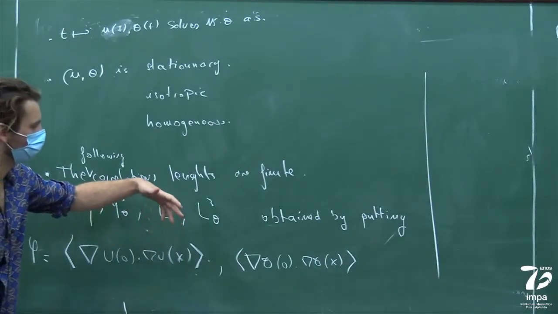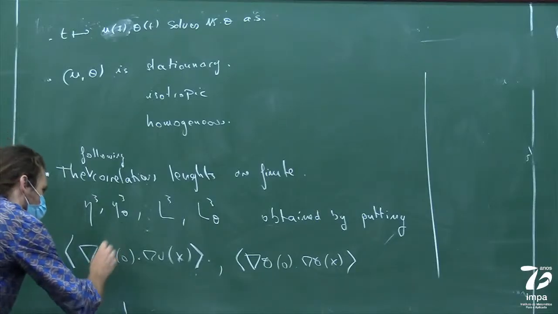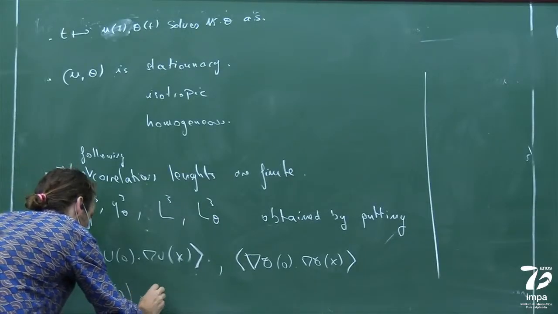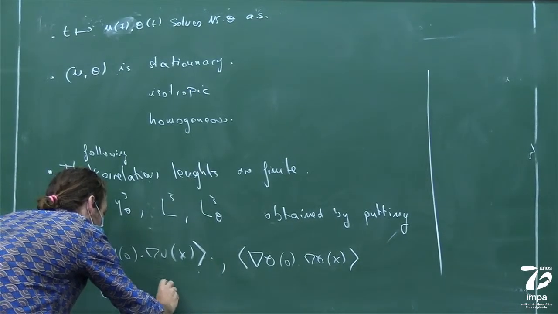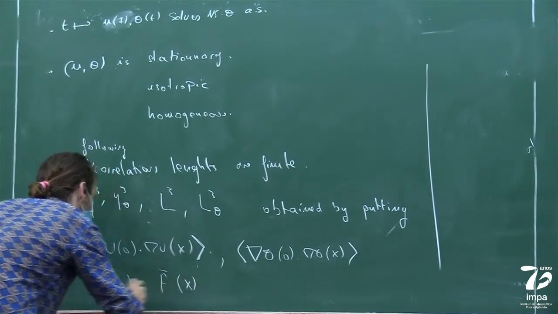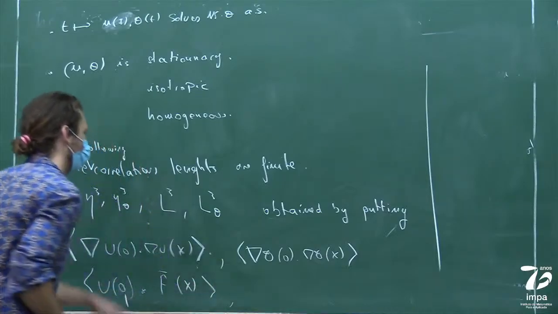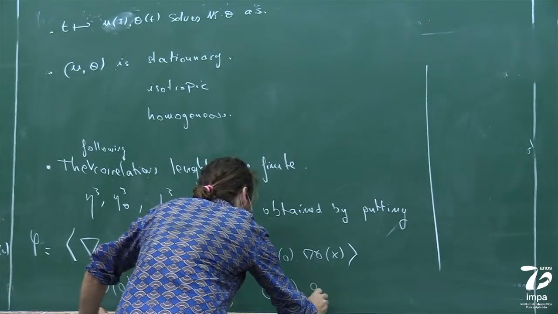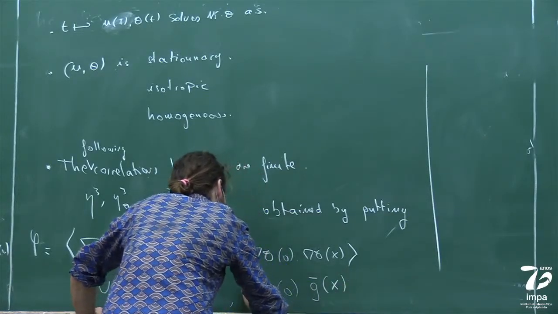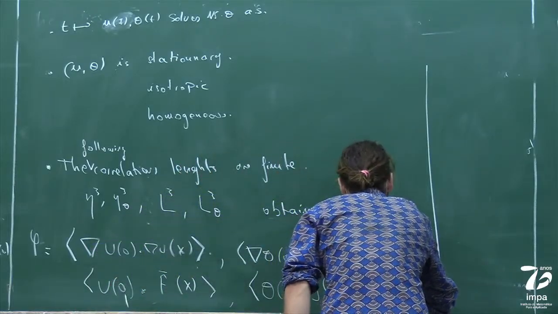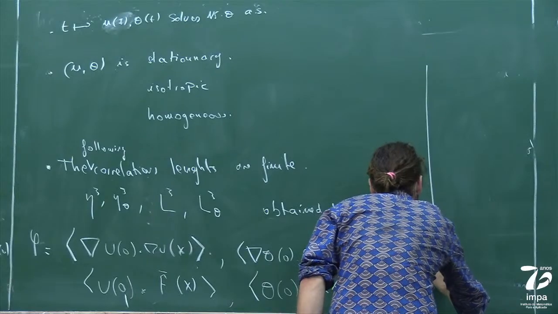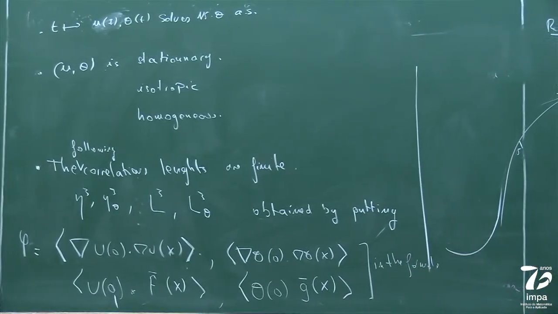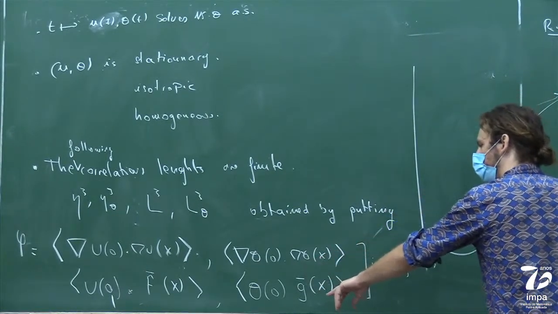the correlation length of the forcing. So the first one will be u0 times f bar of x, and the second one will be theta 0 times g bar of x. In the formula, and here I just need to define what is g bar and f bar.